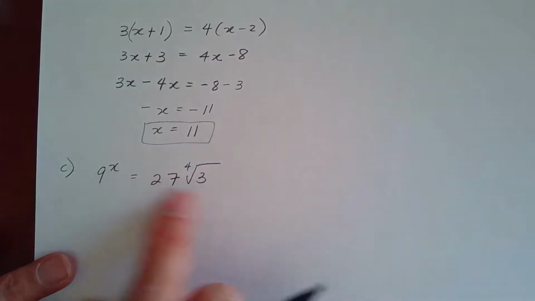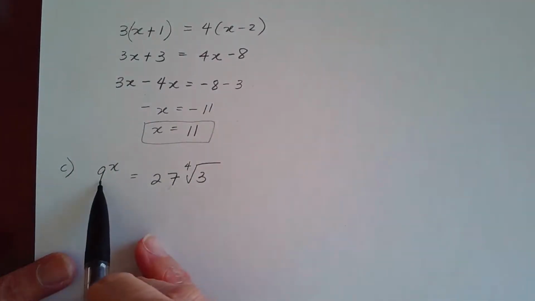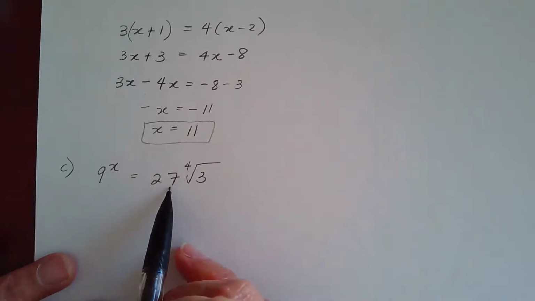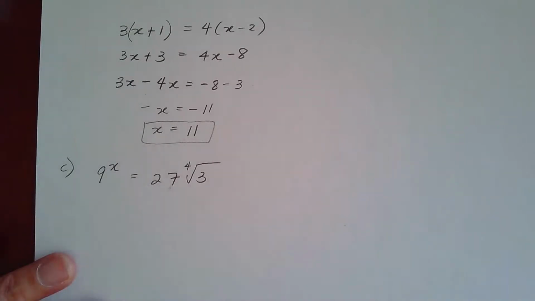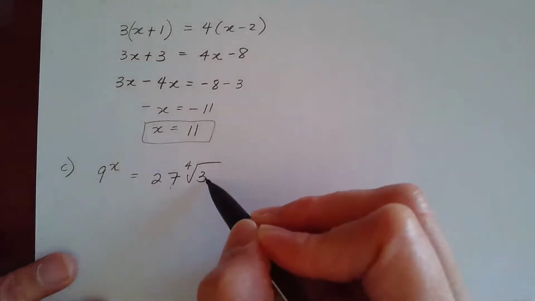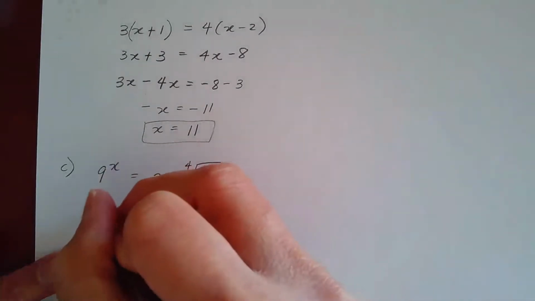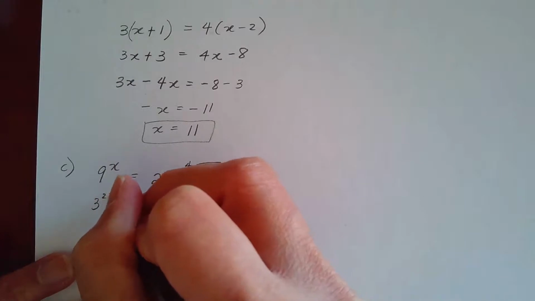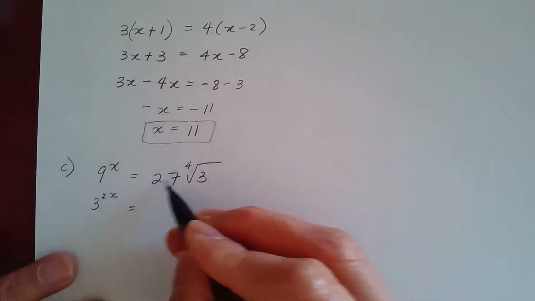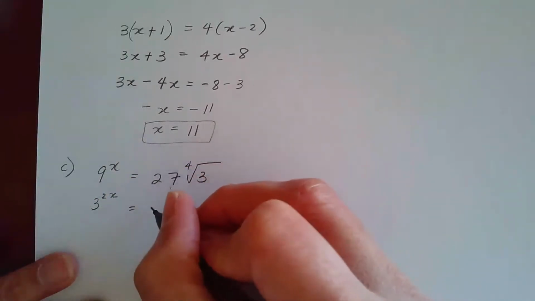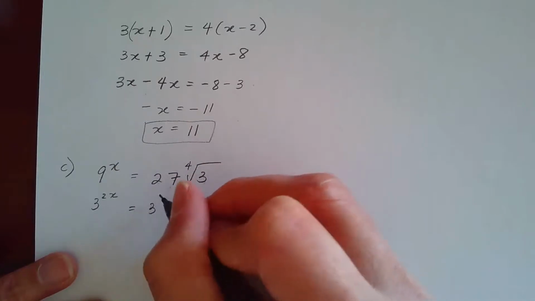Now, what could be my good base in here? 9 and 27 could be written with base 3, and the fourth root of 3 is base 3 as well. So 9 is 3 squared, to the x. And 27 is the same thing as 3 cubed.